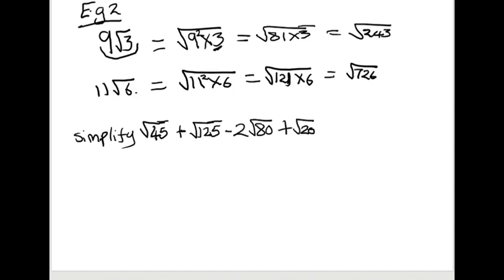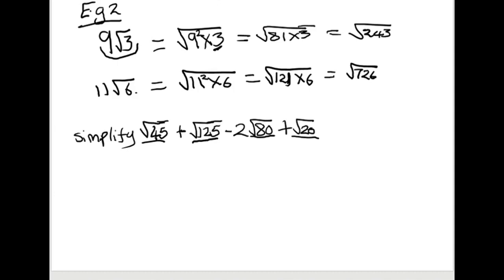Alright, this is a very simple example. What we have to do first, we have to change each of those single surds to their basic form, like we did in the first set of examples that was solved.